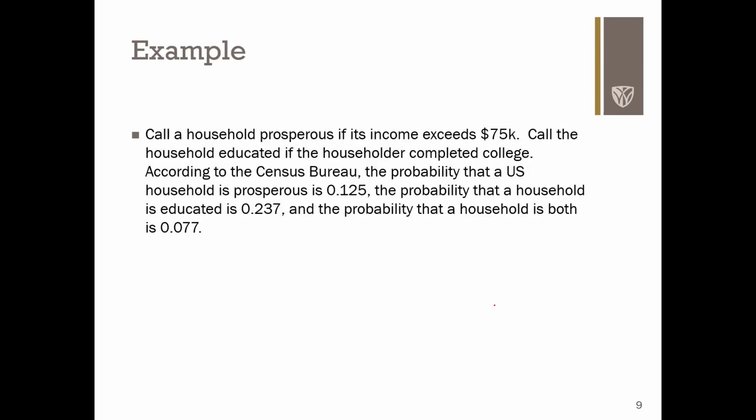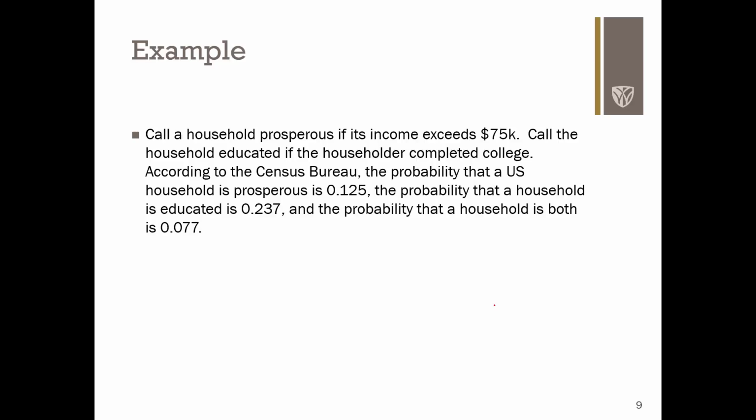Another example, referring back to the previous lecture, we looked at this idea of a household being prosperous and a household being educated. In this situation, you would hope that being educated and being prosperous are somehow related to each other. If I've spent the time and money to complete my college education, to get my MSBA degree, then hopefully that's going to have some influence on my prosperity in the future.